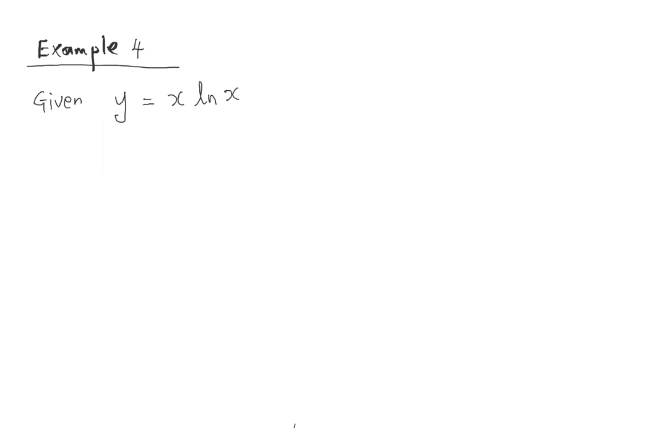It's also another interesting one, am I right? Given y equals x ln x. Part A, you should know what the question is going to be like. Find dy over dx.